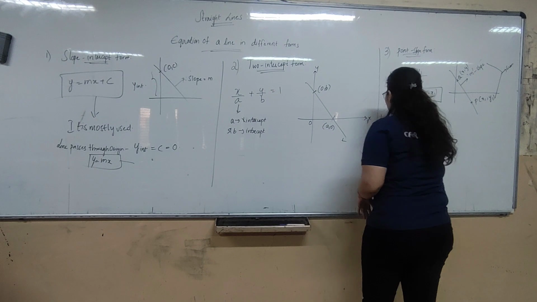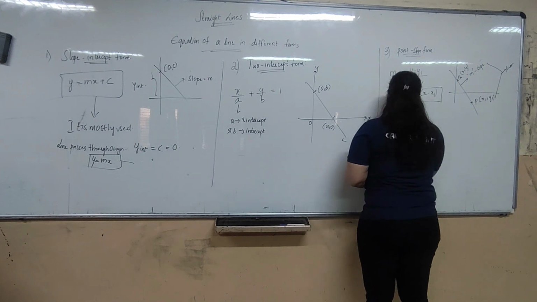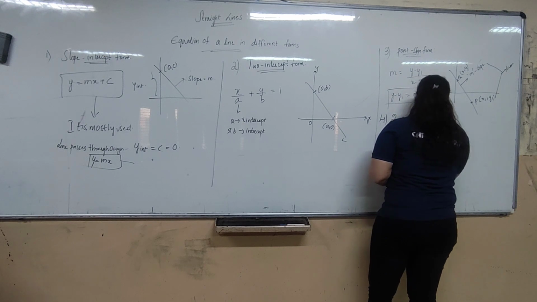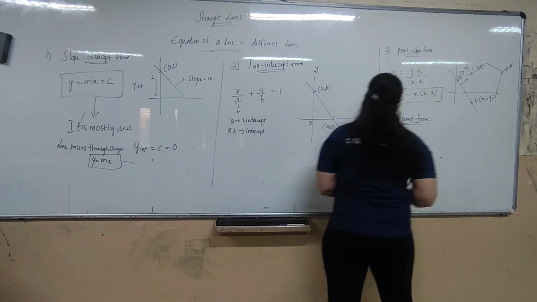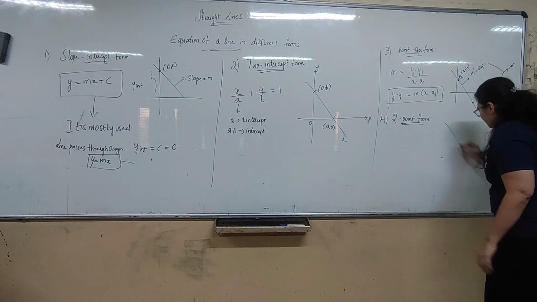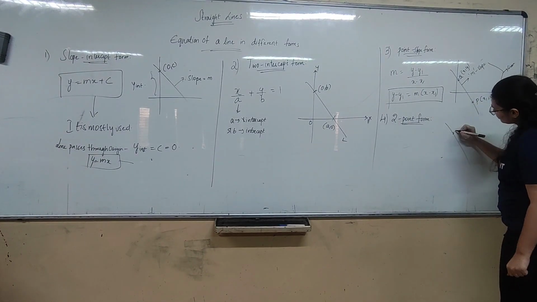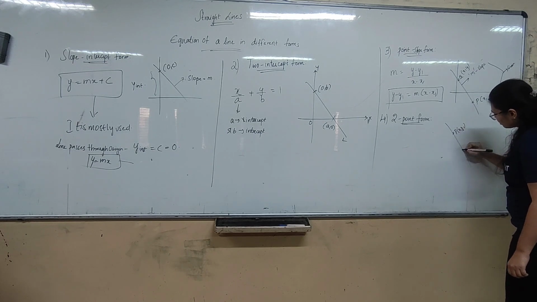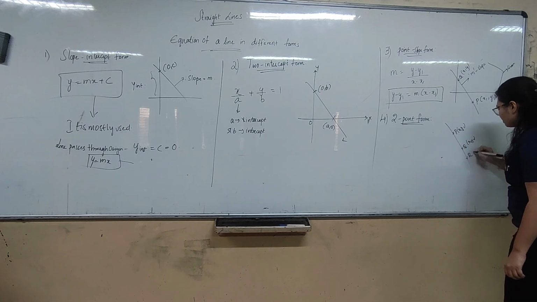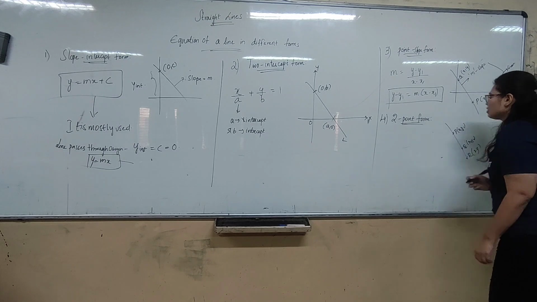Now let's see another form, that is the 2-point form. Here, let's say a line with points P (x1, y1), Q (x2, y2), and generally let's take R (x, y).